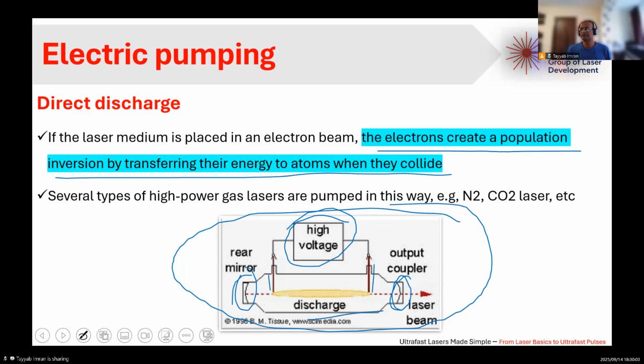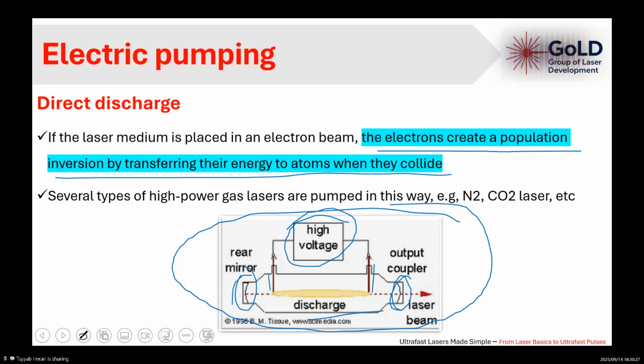Okay, and in this case the atoms may collide with each other. And so, randomly, you can get some kind of population inversion. Usually in the case of gas lasers, they have a very broad kind of pump band. Okay, so electric discharge can be used.